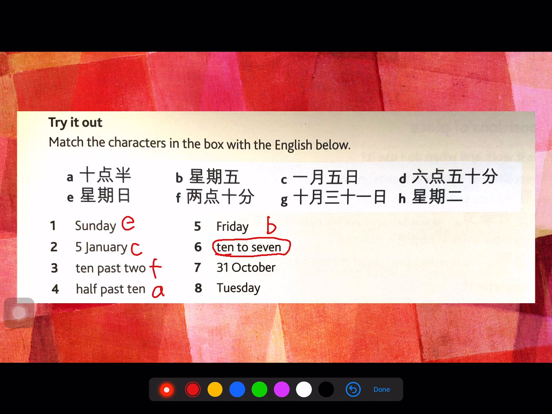So we need to first convert this time into 6:50, and then we will find 6:50 is D. 6点50分。好 7 10月31日 G. And 8 is Tuesday 星期二。Okay, that's it. 答对了吗？全对 I hope.